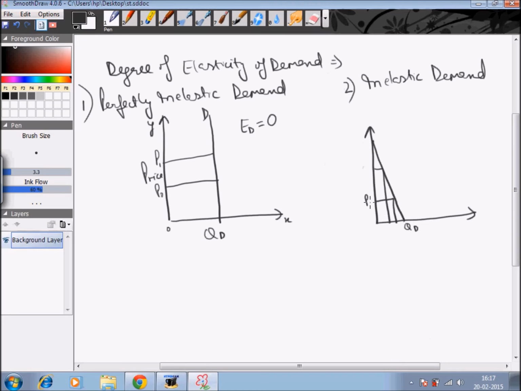Suppose this is our demand curve QD. The price has changed from P0 to P1. There is an increase in price, but the demand has changed in a less proportion from Q1 to Q0. This is the change in price, but this is the change in demand.